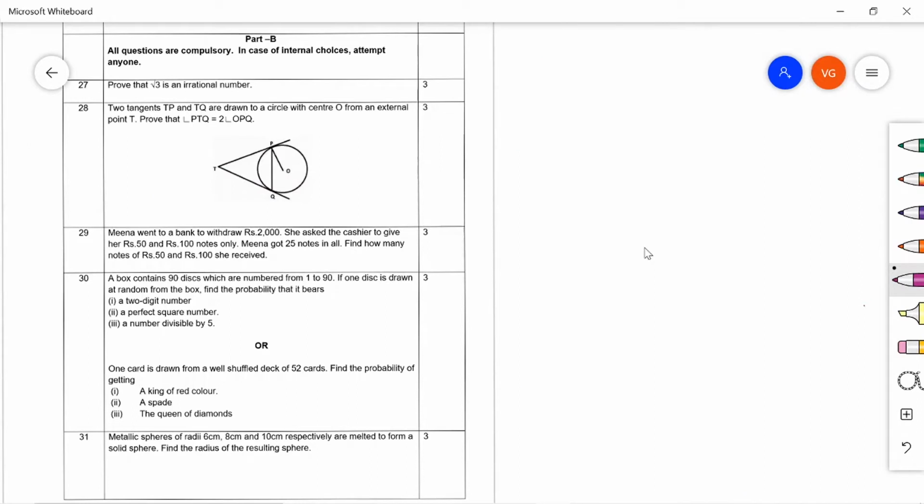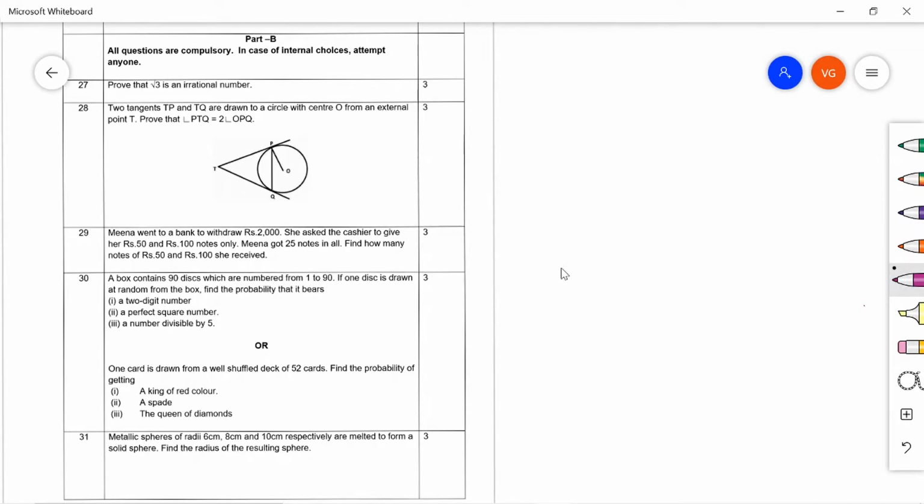Let us start with question number 29. Meena went to a bank to withdraw 2000 rupees. She asked the cashier to give her 50 rupees and 100 rupees notes only. Meena got 25 notes in all. Find how many notes of 50 rupees and 100 rupees she received.